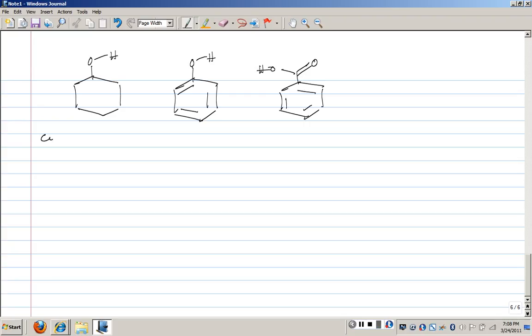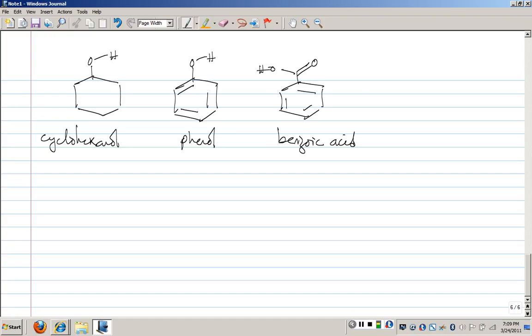So this is cyclohexanol, this is phenol, and this is benzoic acid. So we're going to look at the relative acidities of those 3 compounds.